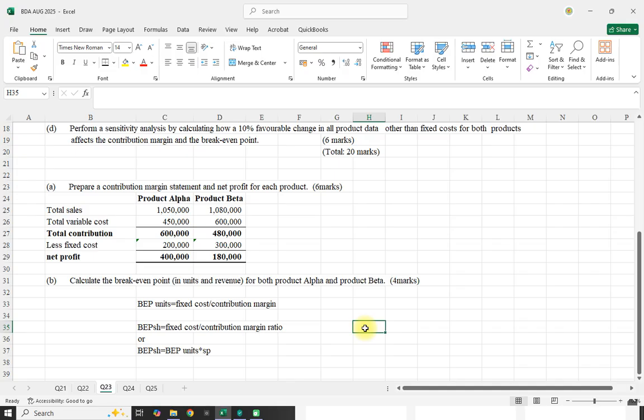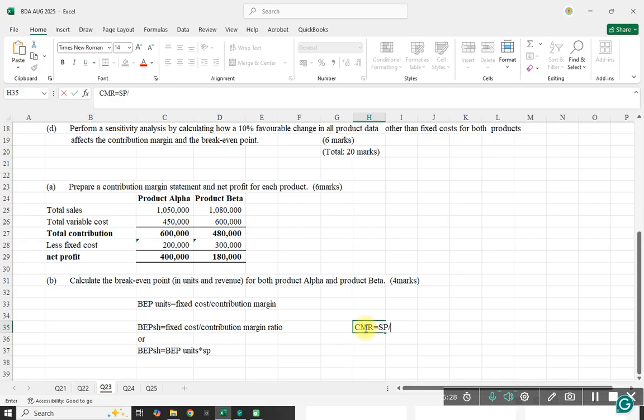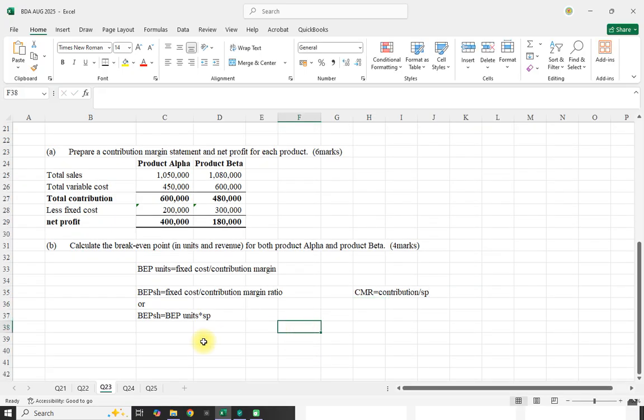And we normally talk about the CMR, contribution margin ratio. This is equal to contribution over selling price. So whichever method you use, still you'll arrive at the same answer.